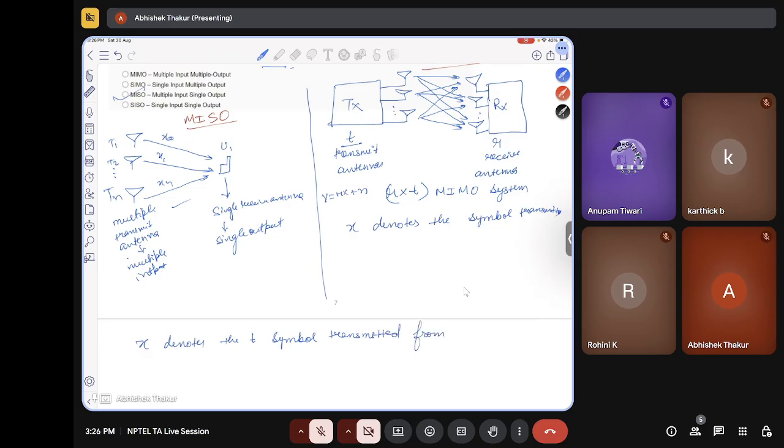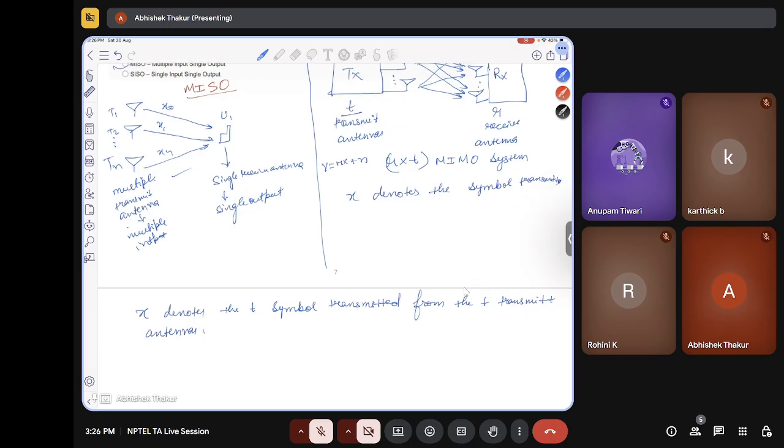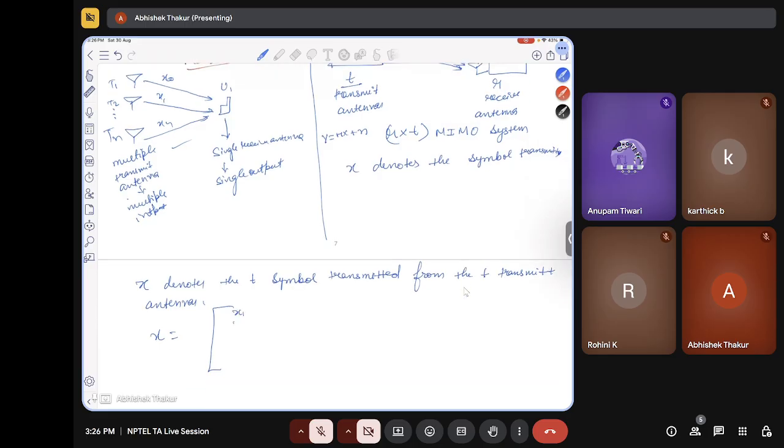We can write X as X1, X2, dot dot dot, XT. And here, what is Xi? Xi denotes the symbol transmitted from the ith transmitter antenna.